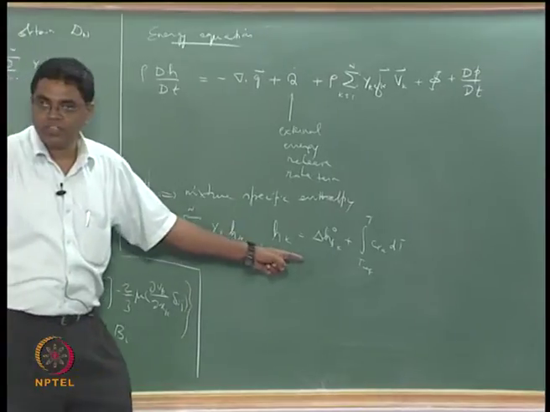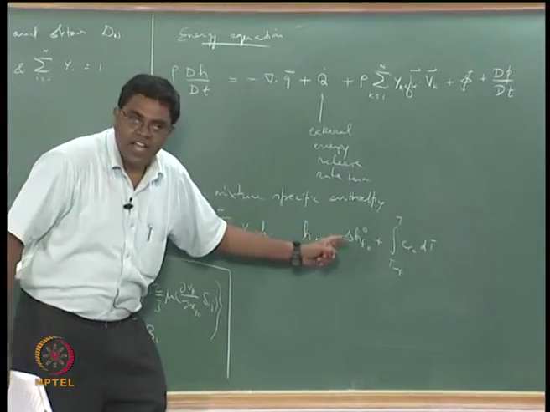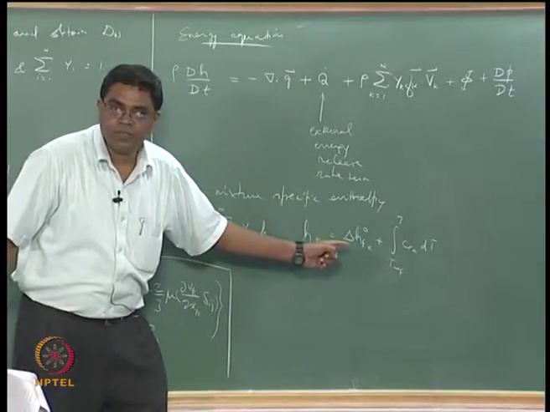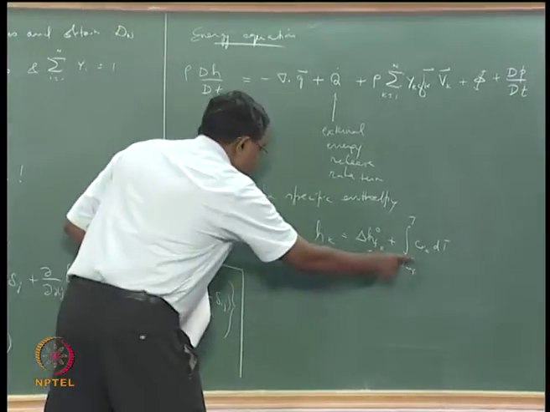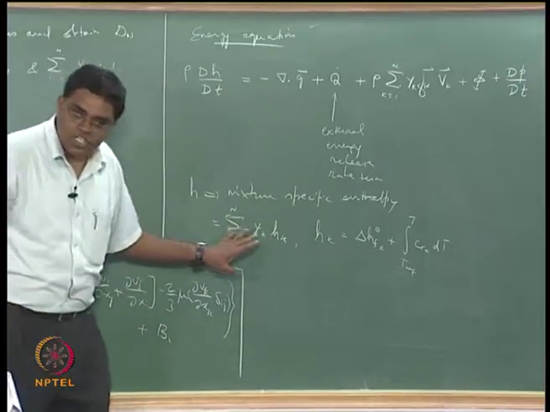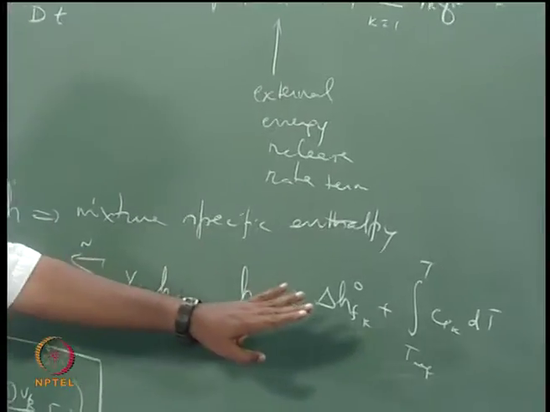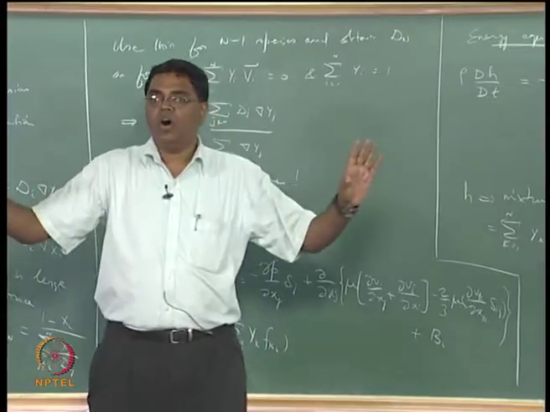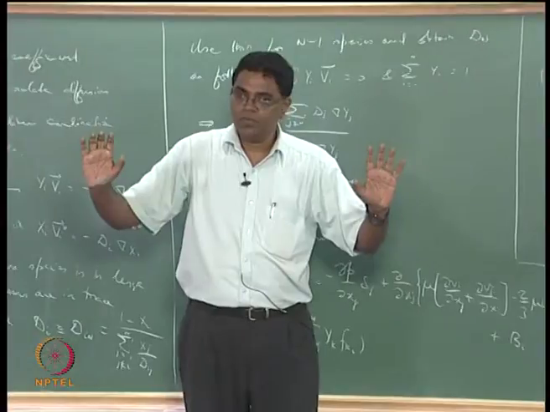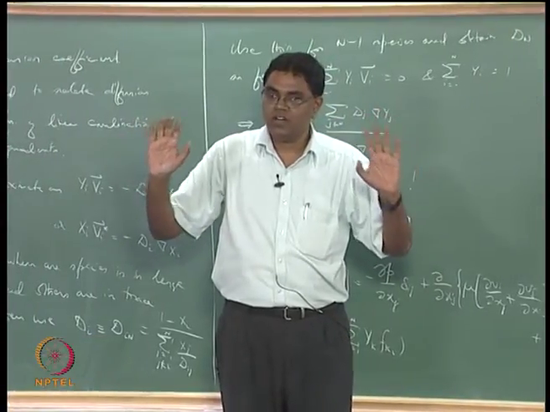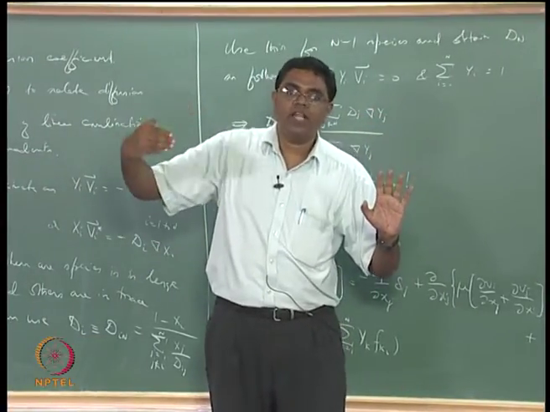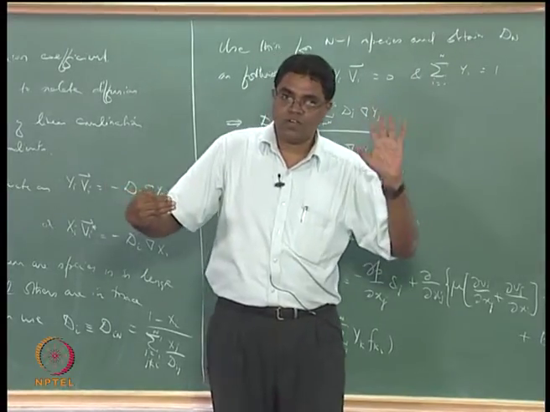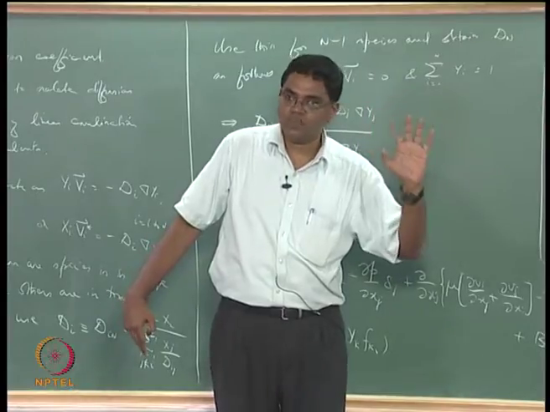This is not the full heat release, of course. This is only the standard heat of formation of the kth species. If you now plug this in here, you are going to get a summation Y_k delta h_fk. That is like saying I want to add up all the heats of formation of all the species involved in this mixture weighted by their mass fraction, okay. And keep in mind, it's the products that are going to have very high negative heats of formation.